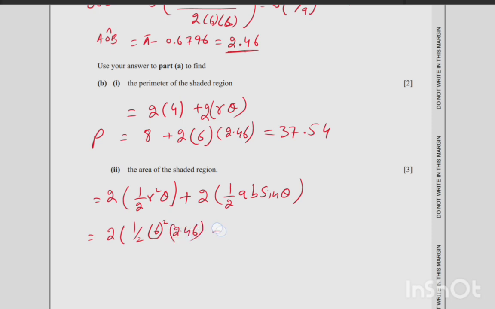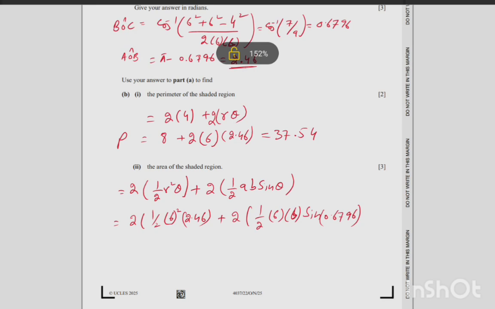For the triangles, 2 into 1 over 2, the a side is 6 and the b side is 6, sine theta, where theta will be 0.6796. You have to put this theta here, a different theta.